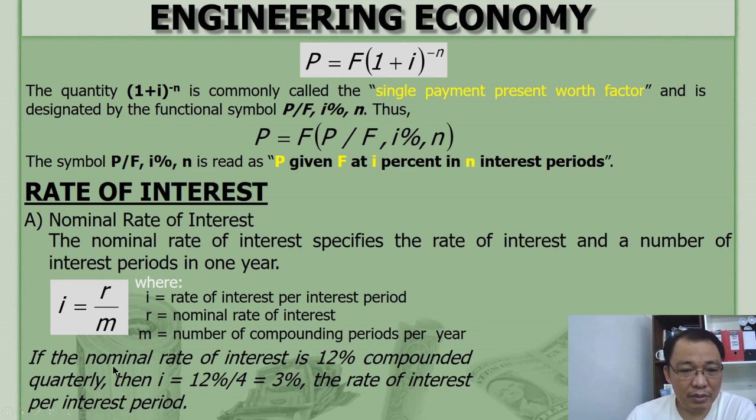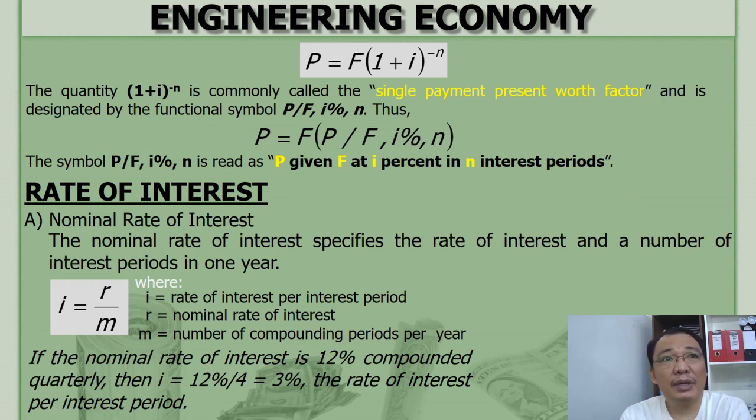So, for example, if the nominal rate of interest is 12% compounded quarterly, then divide the nominal interest by 4, because there are 4 quarters. So, 12 over 4 is 3%, the rate of interest per interest period. In the formula, n is the number of interest periods, so it is not the number of years.